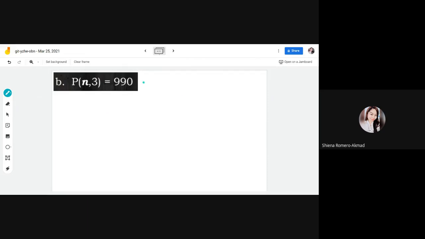So, ulitin ko, the formula is NPR or permutation of N taken R at a time is equal to N factorial divided by N minus R factorial. So we substitute this. If we substitute this, we have permutation of N taken 3 at a time is equal to N factorial divided by N minus R, which is 3 factorial.